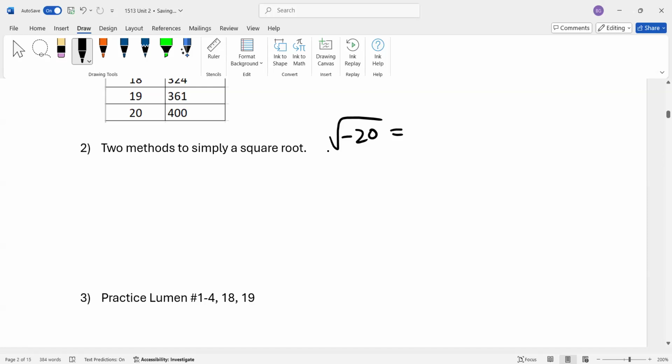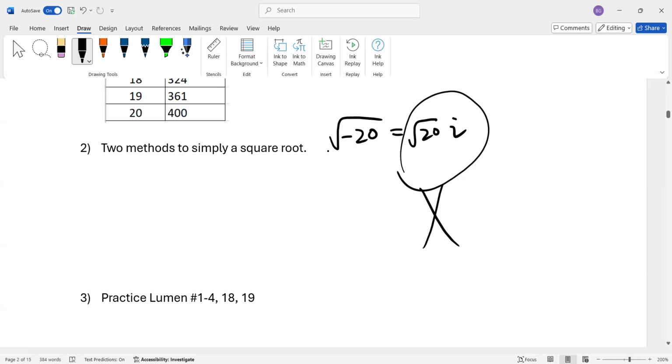Rewrite this expression as root 20 i. This is correct, but if you enter that result in the system, it will be marked as wrong because it's not simplified. When you have a square root in the expression or your result, you need to simplify the expression. Square root of 20 is not simplified.